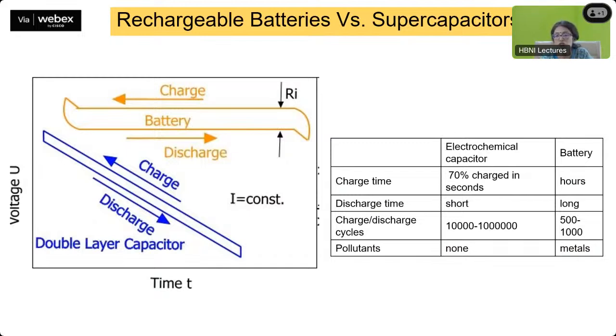And for the very good ones, which you see now for the lithium-ion battery, they sometimes go up to 1,500 to 2,000 cycles. Pollutants, in case of an electrochemical capacitor, we'll say none, whereas in case of a battery, we'll say the metals. But this none I would dispute, because if it was only carbon, then it was fine. But in this case, you do have these metal oxides coming in, so some amount of metal pollutants will be there.